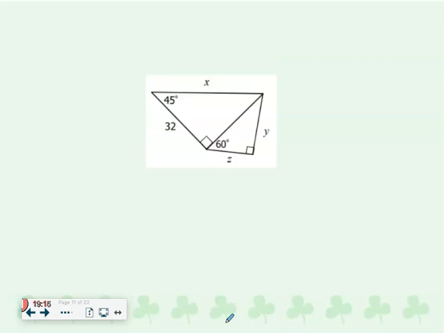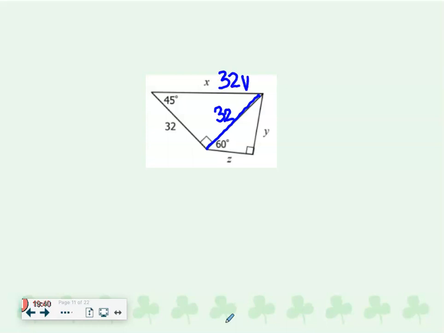Ooh, this is a good one. X is 64, right? No, 32. Okay, let's first. What's this guy right here? 32. And what is X? 32, right? Is it equal? No. So what's the hypotenuse on a 45-45-90? 32 root 2.